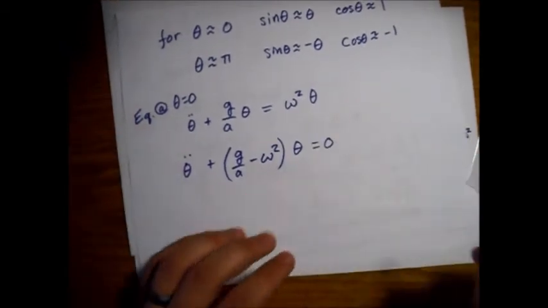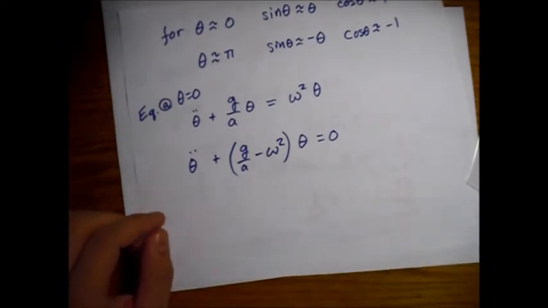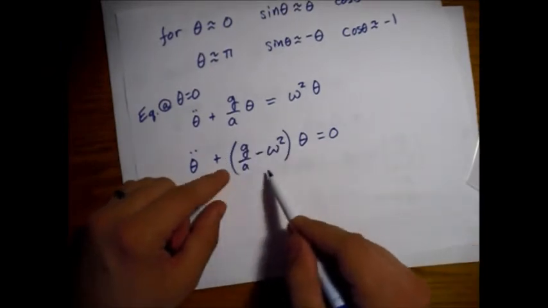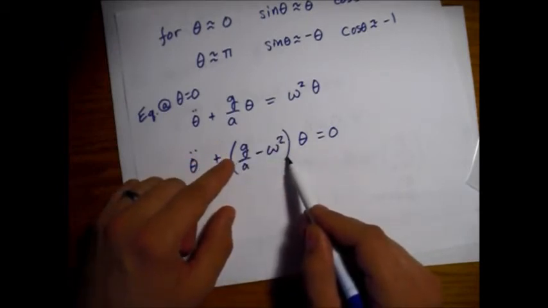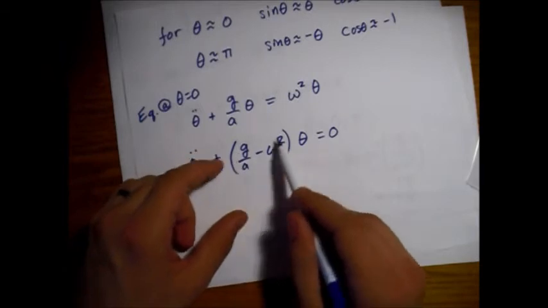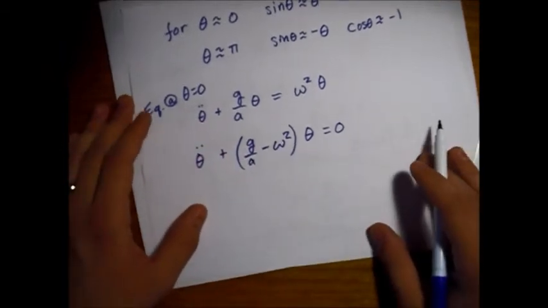This is equal to 0. So it's either going to blow up or oscillate. If this term in here is positive, then it's going to oscillate. If this is negative in here, it's going to blow up, and the equilibrium is just not stable.